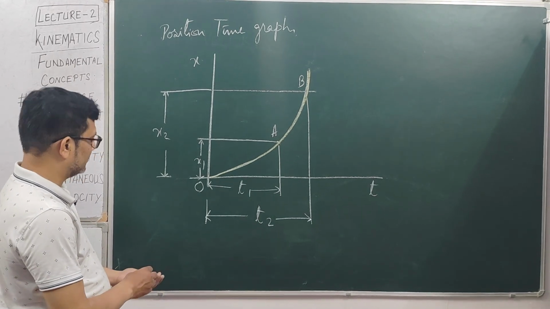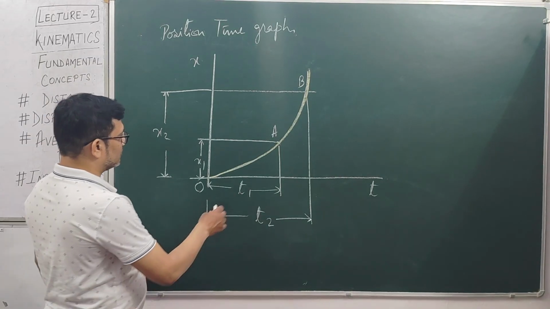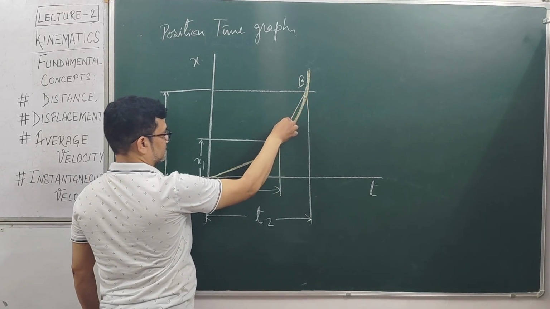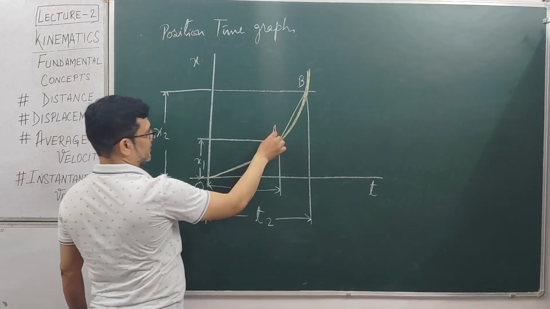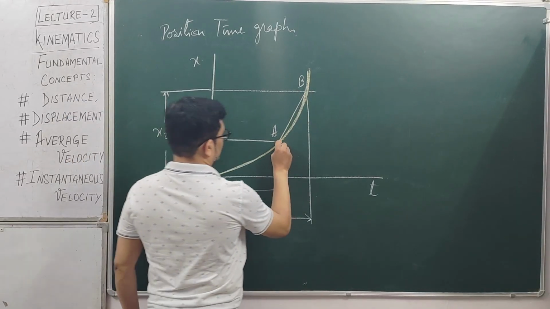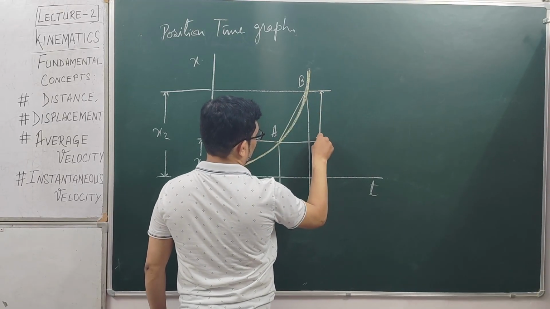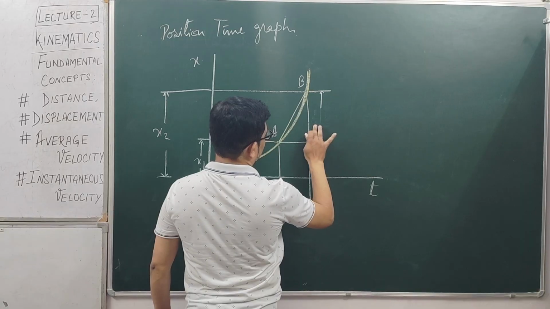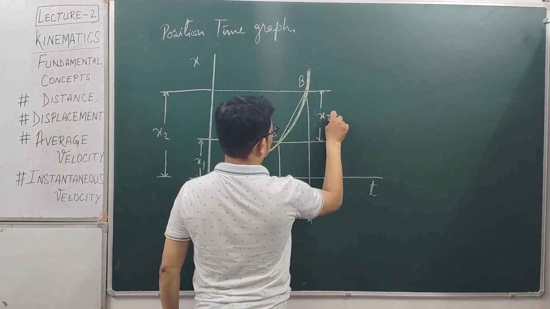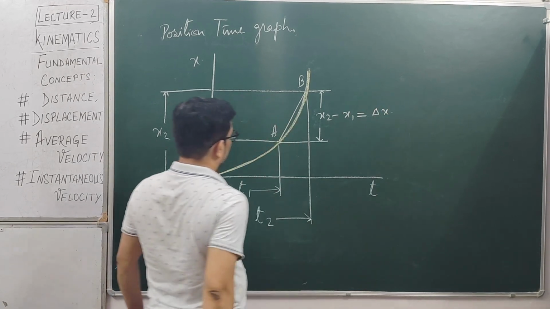So from here, if you want to find the average, we know that if you join these two points, A and B, this is going to show you the change in the position. So this is x2, this is x1, so this is x2 minus x1, which is delta x.